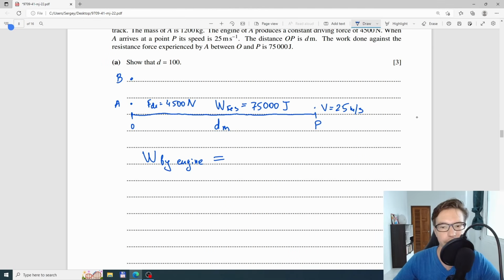It doesn't disappear because it's being transferred into something else. To what? Well, we have work done against the resistance, and also we increase the kinetic energy of the car. So I'm going to say plus energy increase.